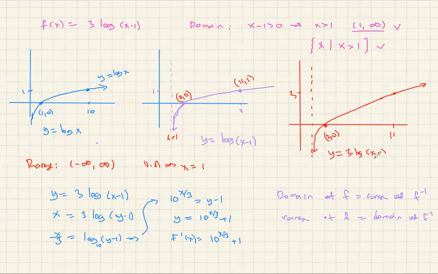Why is this the case? Because you're just swapping the roles. Whatever the domain of the function we start with was, everything larger than 1, the domain of this function, this graph, will be the range of the inverse function. So the range of this will be anything higher than 1.